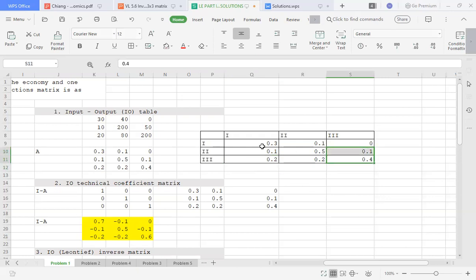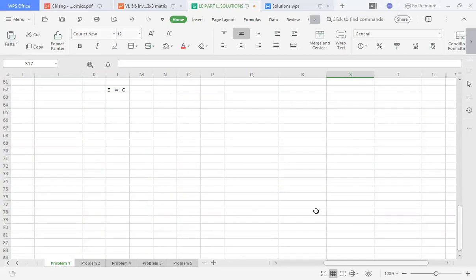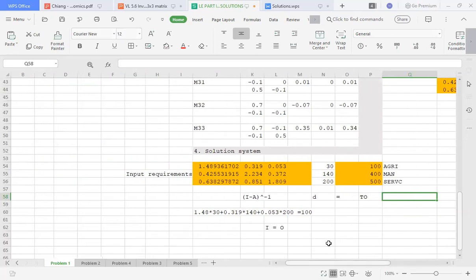So either you interpret this one here, or the coefficients in that matrix, or you interpret this one here. Both should be present in the economic interpretation.